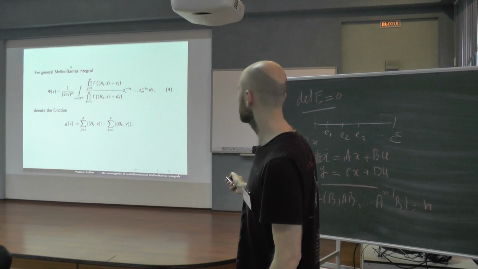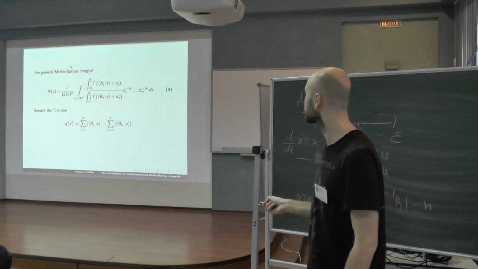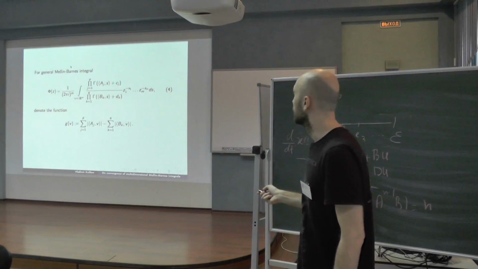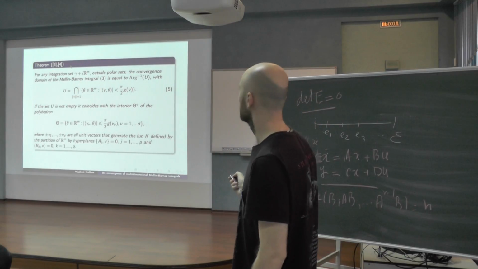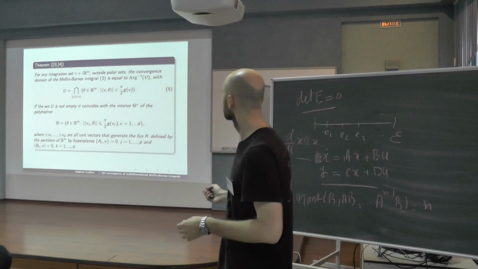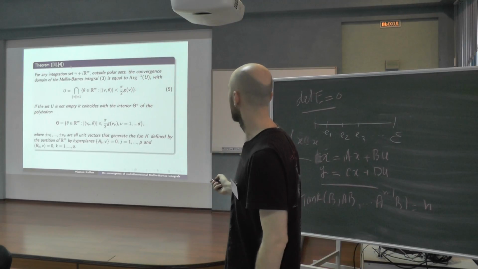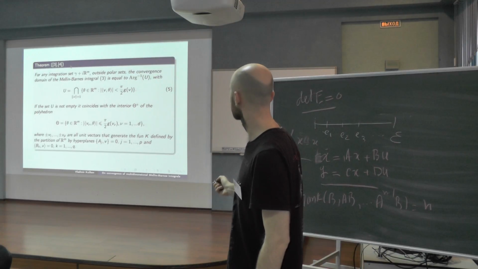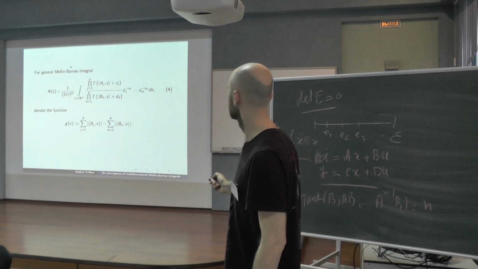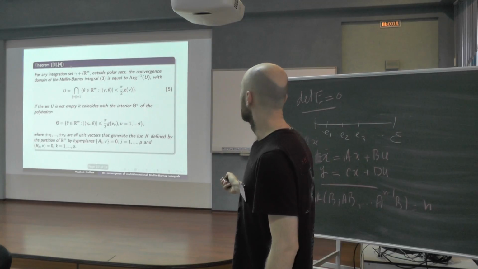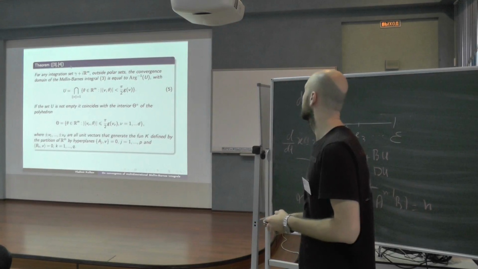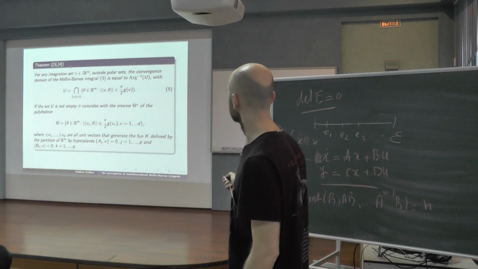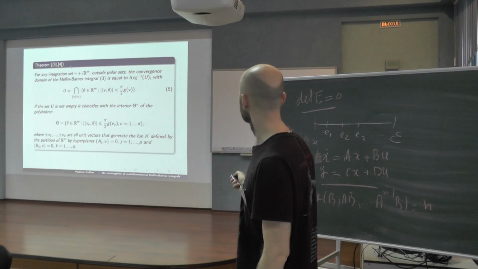Rg is this Rg, bk is this bk. For any integration set gamma outside the polar set of gamma functions in the numerator, the convergence domain of the Mellin-Barnes integral is equal to the preimage of domain U.